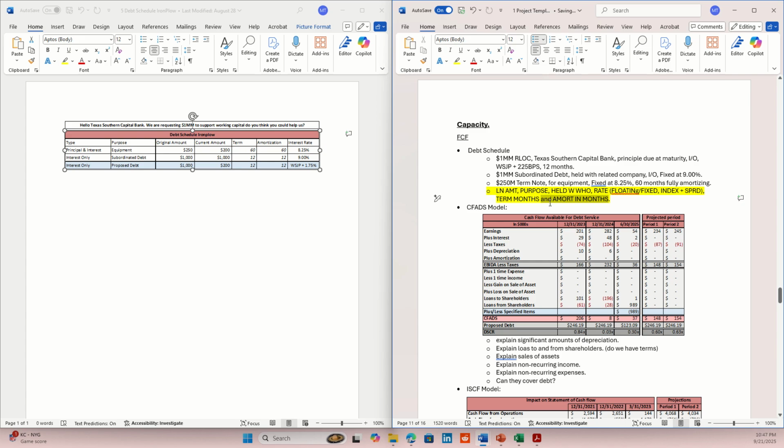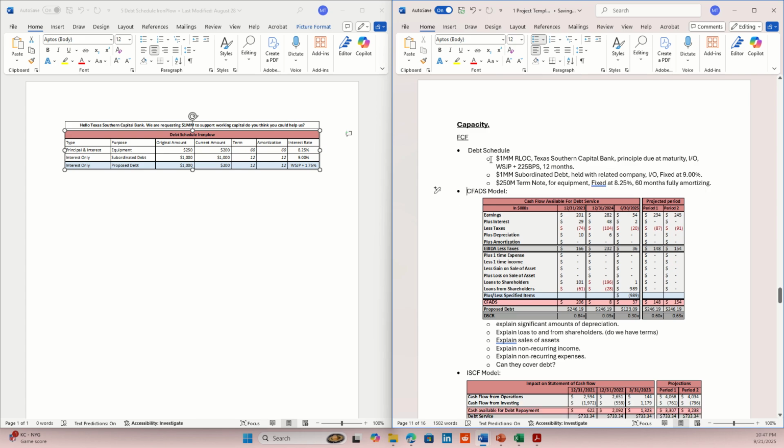I want it to say term in months, fully amortizing. Okay, period. This is what I want you guys to write out. So anyways, I got my debt schedule.